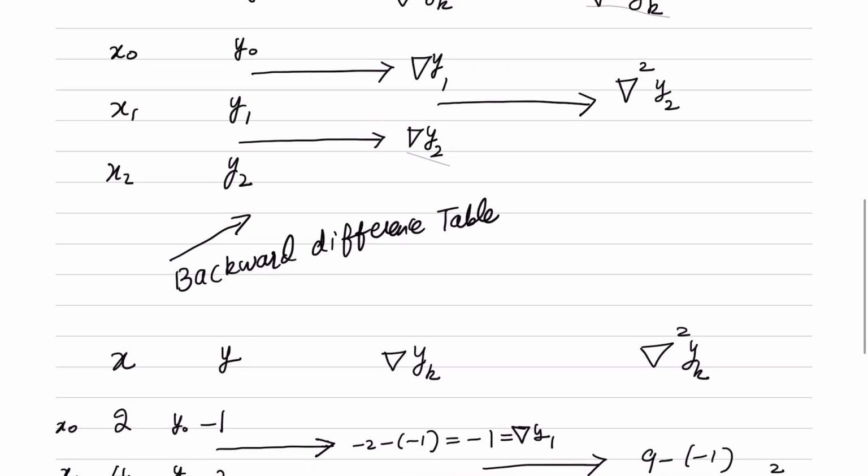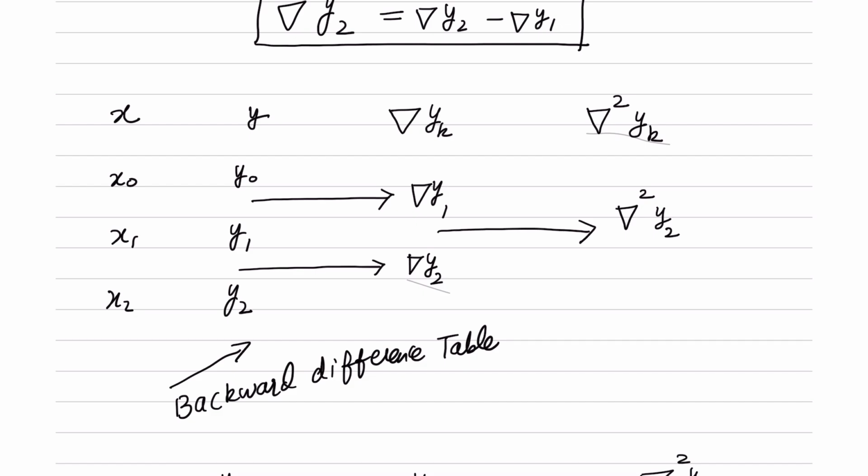As in the general table, in the third column the first value is not backward y0 but backward y1, because you are calculating the difference y1 minus y0, and in terms of the backward difference operator, y1 minus y0 is the definition of backward y1. That's why the first value in the backward yk column is named backward y1.